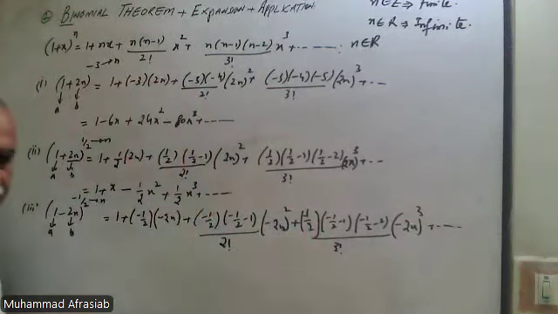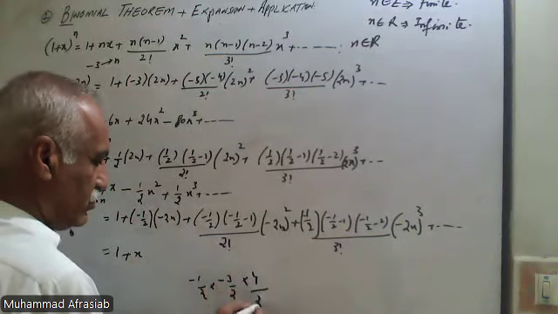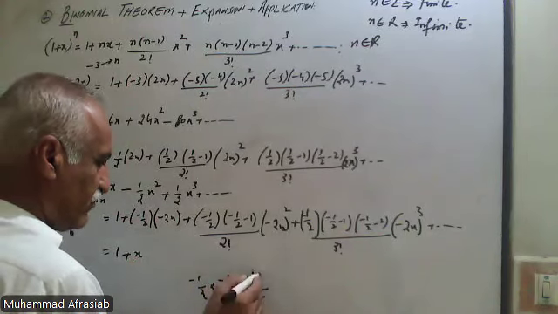And we can write this as 1 + x + minus half into minus 3 by 2, 4 over 2. 2s are 4 and 4 cancel.